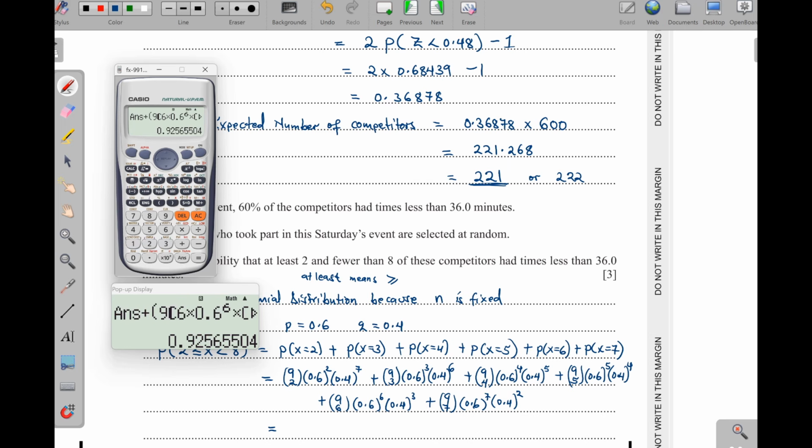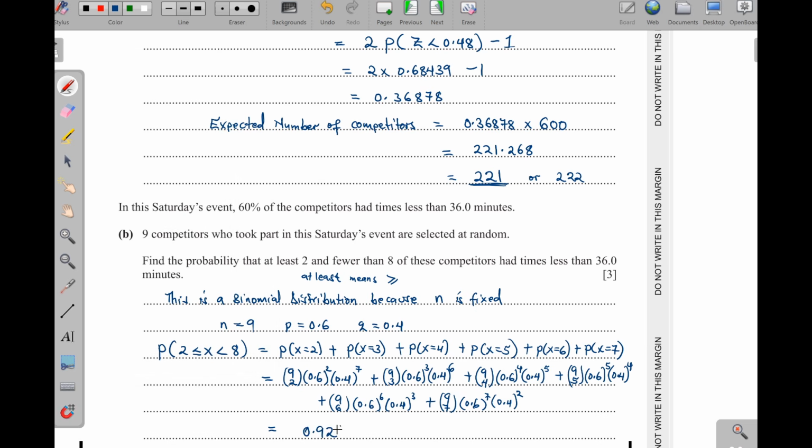So altogether we get 0.926 to 3 significant figures.